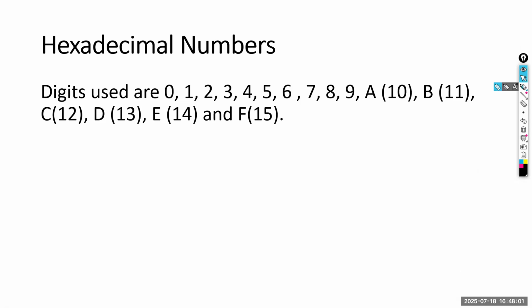Right now, this one is slightly different. Base is base, the concept is the same, but the only difference is so far we had 10 or fewer digits. This is hexadecimal, base 16, so we need 16 different symbols.